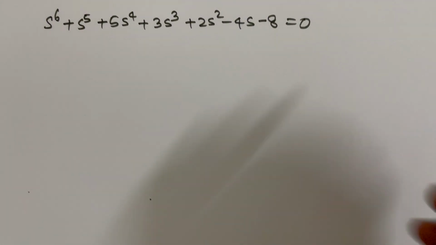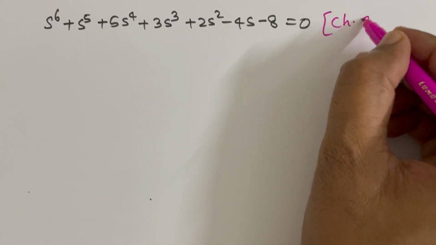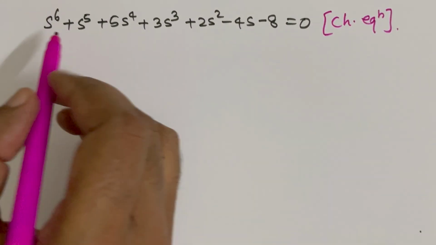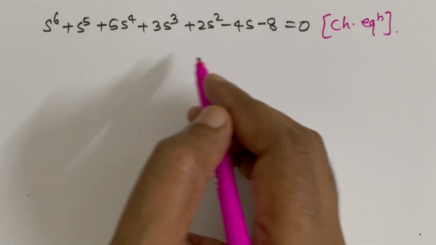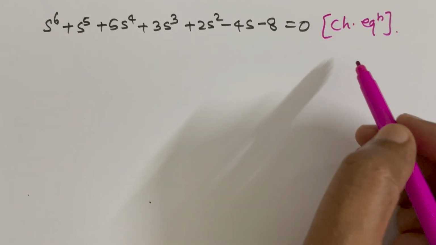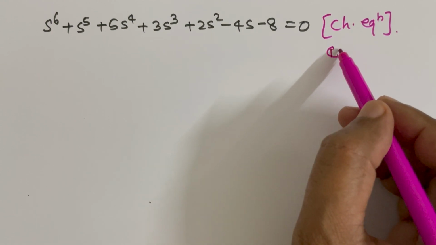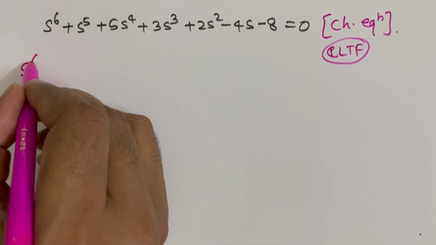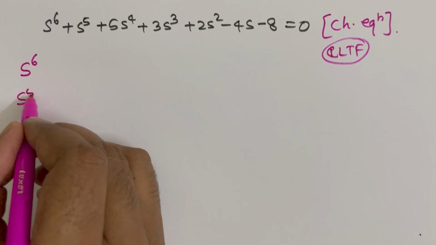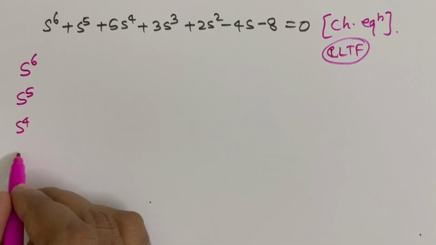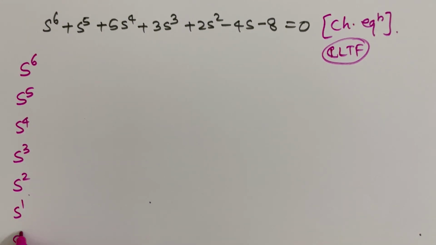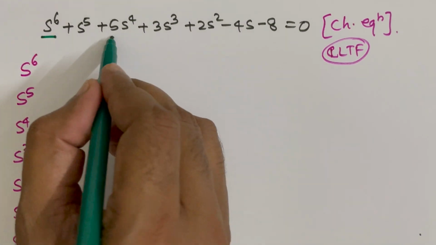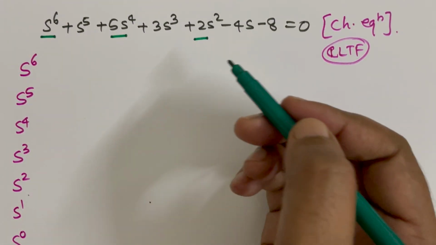This is our characteristic equation. Always remember, this is not the denominator of the open loop transfer function. Rather, this is the denominator of the closed loop transfer function. Let's write S6, S5, S4, S3, S2, S1, S0, and write alternate values.